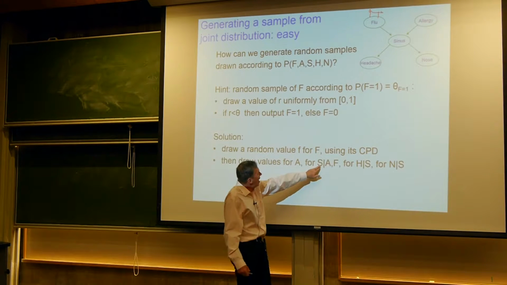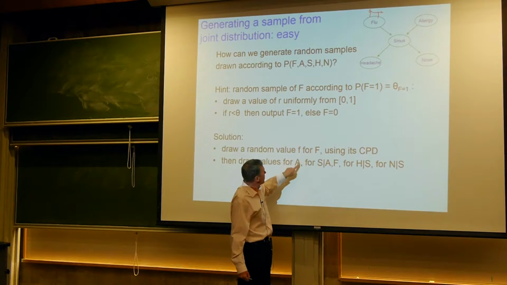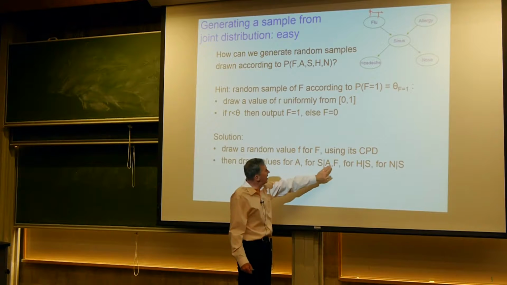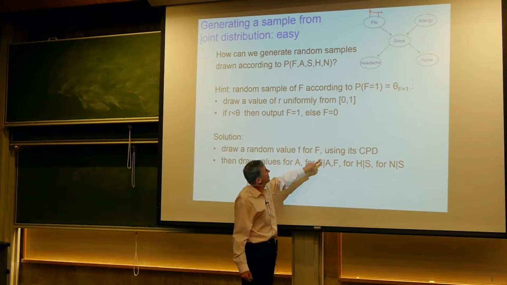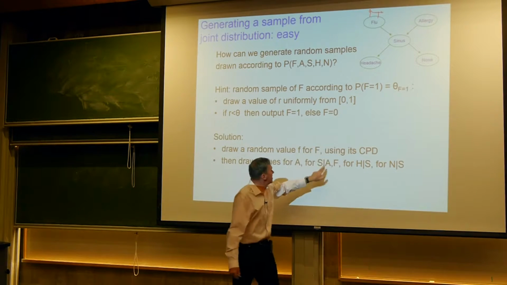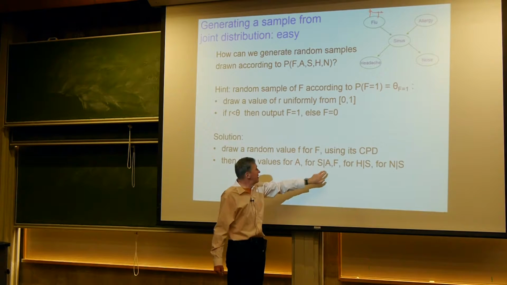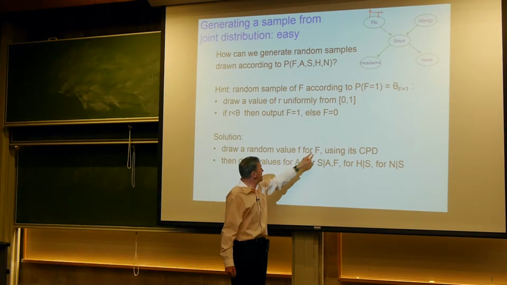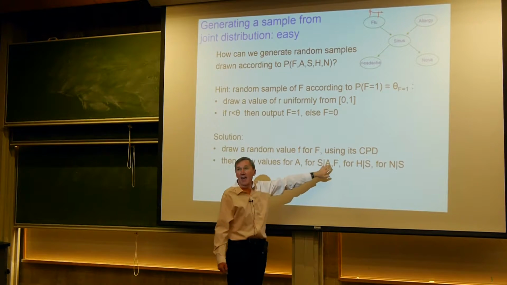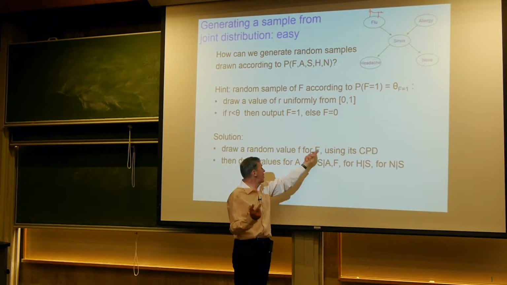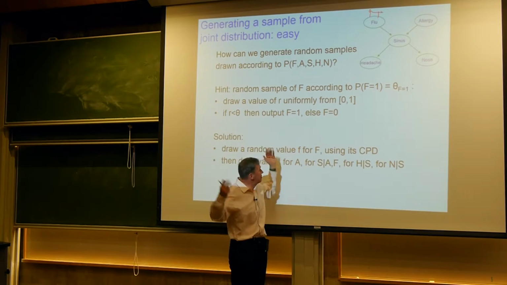But then, given the values that we happen to randomly generate for F and A, we can now look up the term in S's conditional probability table that corresponds to these values that we just drew for F and A. Suppose we draw a 1 and a 0.